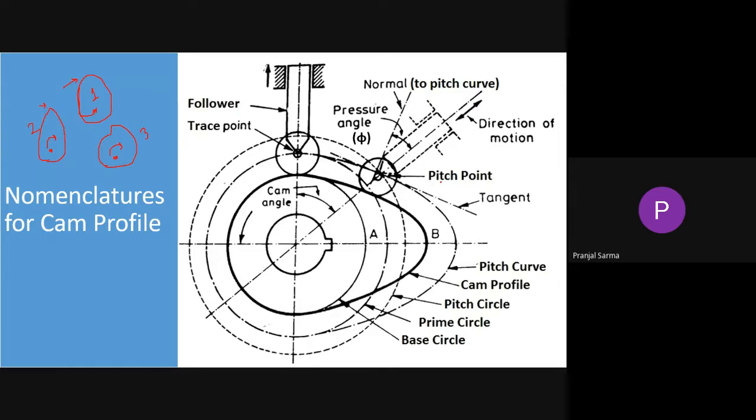If a high value of pressure angle is encountered, the side thrust on the bearing supporting the follower will also be high. Generally, we try to limit this phi value within 30 degrees. If phi exceeds 30 degrees, then a reciprocating type of follower, which is this case, will jam in the bearing.